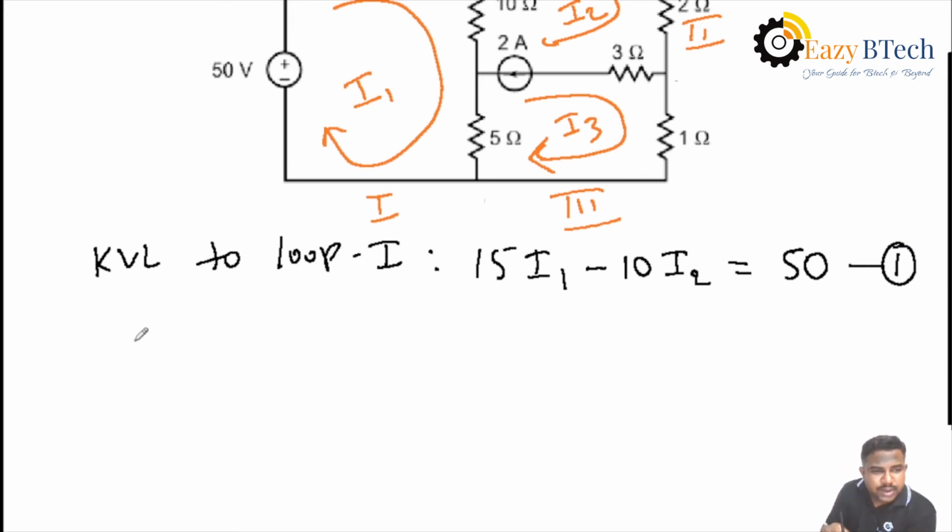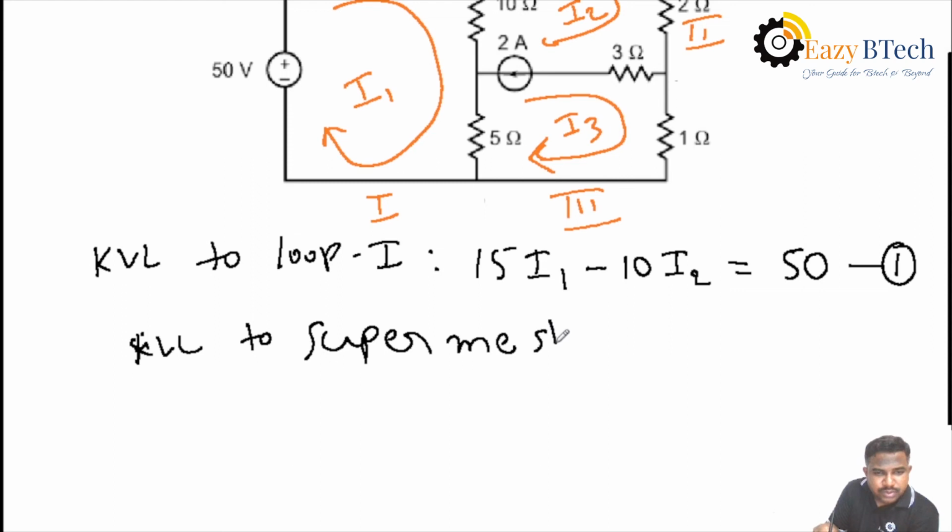Similarly, apply KVL to the super mesh. Why do we call it a super mesh? Because the 2 ampere source belongs to both loops here.